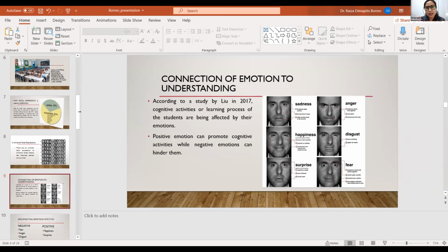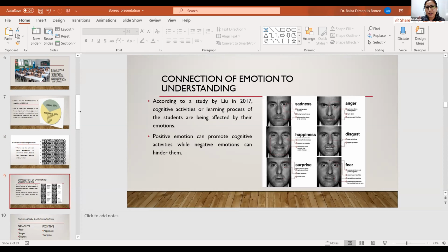Again, there's a connection between your emotions and how you understand something. According to the study by Liu in 2017, cognitive activities or the learning process of the students are affected by their emotions. So if the students are feeling happy, that could mean they are learning more.